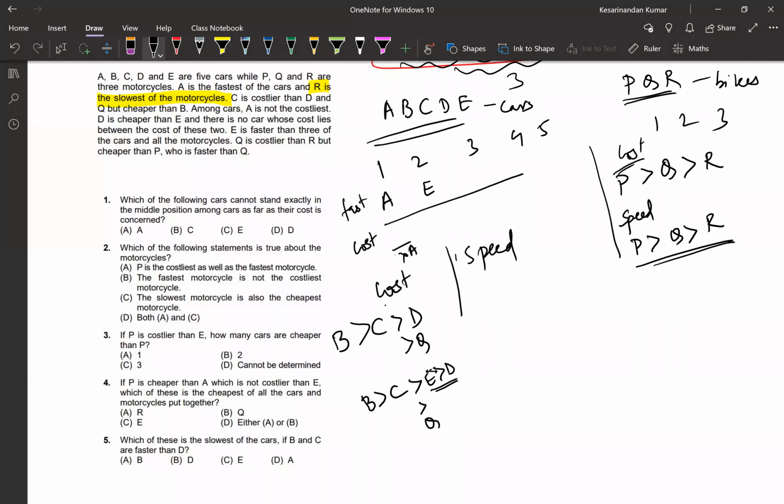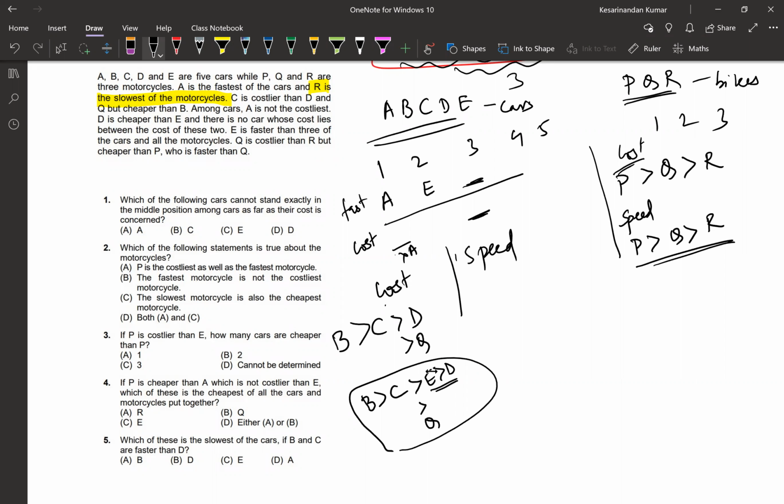So let's place all we have got, that is this, and let's see. According to the question, which of the following cars cannot stand exactly in the middle position among cars as far as the cost is concerned?